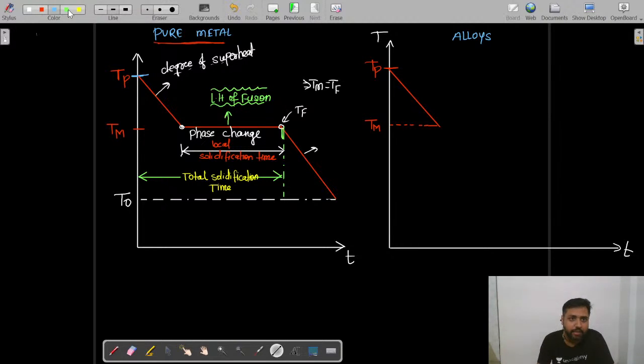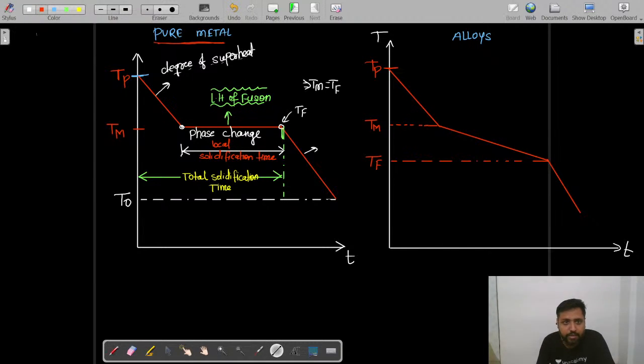But here when the phase change is happening, जब ये फेज चेंज यहाँ हो रहा है तो जिस तरीके से प्योर मेटल के केस में आपने देखा था कि फेज चेंज जो था वो कांस्टेंट टेम्परेचर पे हो रहा था, बट यहाँ फेज चेंज कांस्टेंट टेम्परेचर पे नहीं होगा, यहाँ फेज चेंज होगा इन अ रेंज ऑफ टेम्परेचर. Yes, here the phase change will happen in a range of temperature and this will be your TF, freezing temperature.